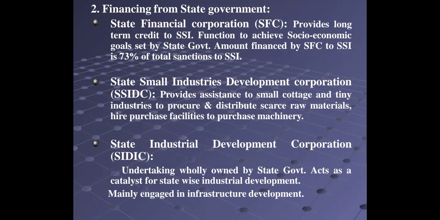It is set up by the state government, and the state finance corporation finances mainly small scale industries. If you apply for a loan, they can sanction up to 73% of it.